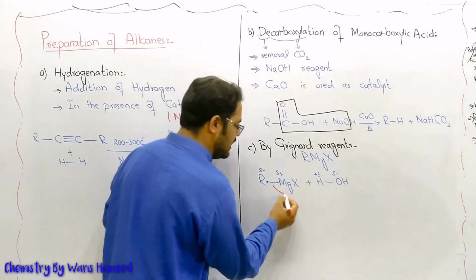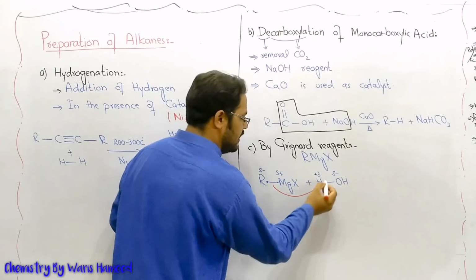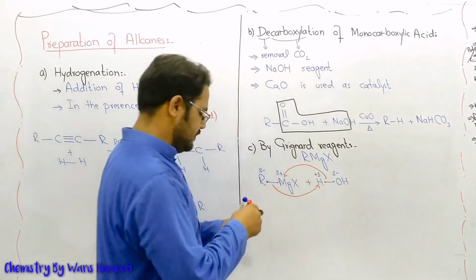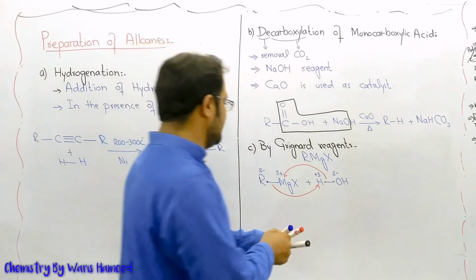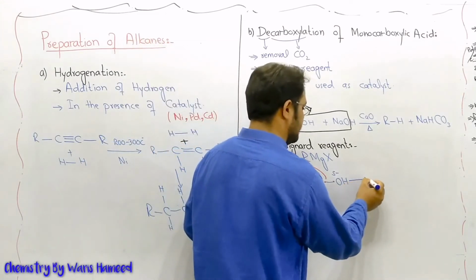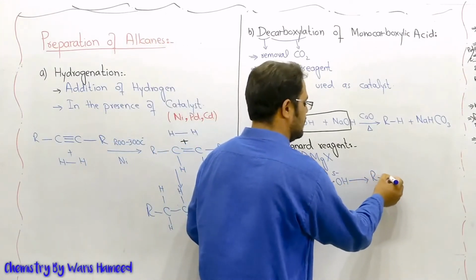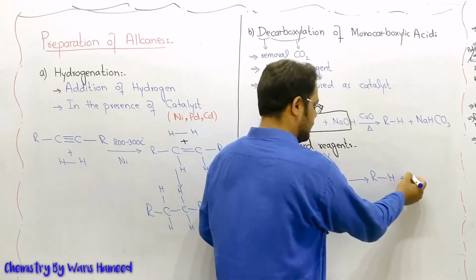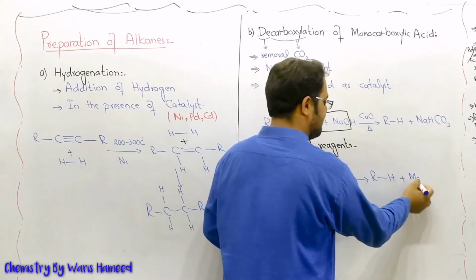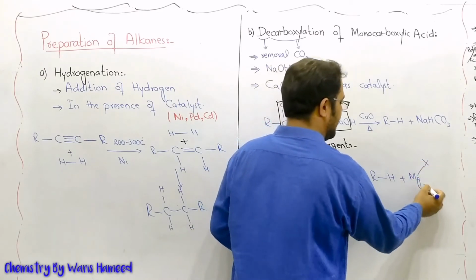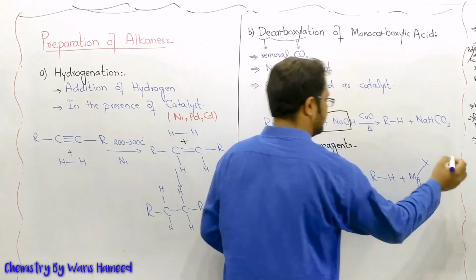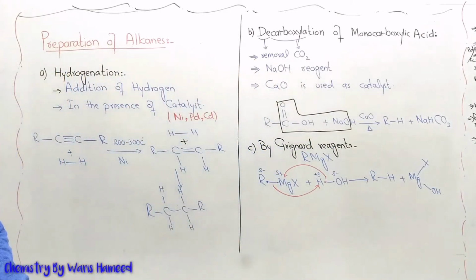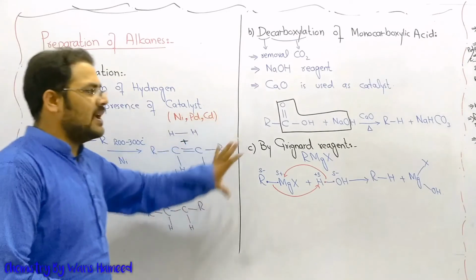This hydroxyl will attach with the magnesium atom, and the resultant product will be alkane, RH, and MgX and OH. I hope that you have completely understood these three mechanisms.